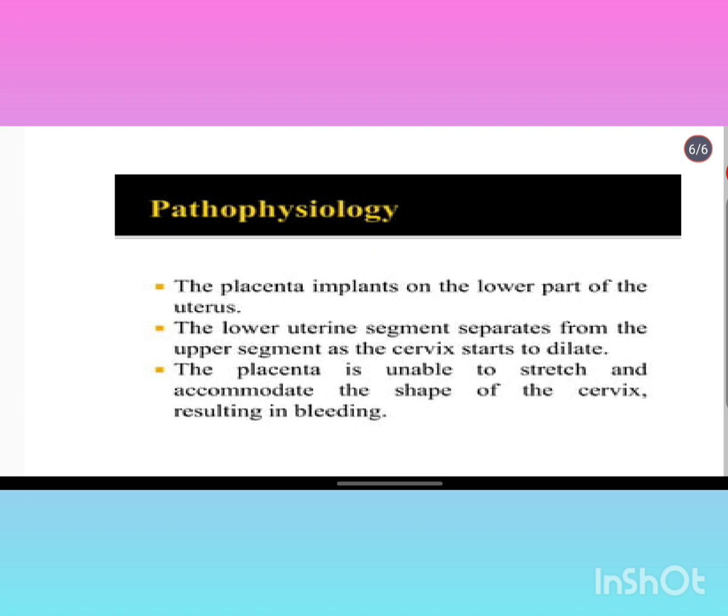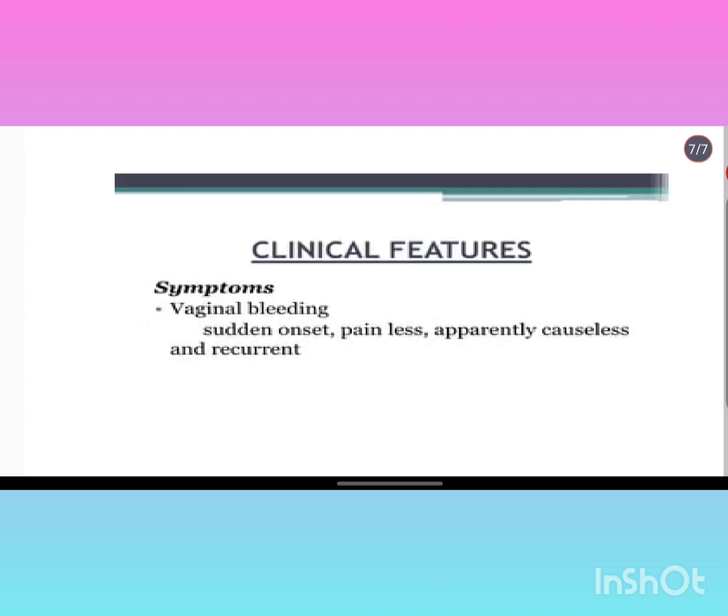When the placenta attaches to the lower uterine segment, it is not able to stretch and accommodate. So it compresses itself, resulting in bleeding. Usually when the placenta is implanted in the lower part of the uterus, it starts bleeding, especially at the 20th week of pregnancy.